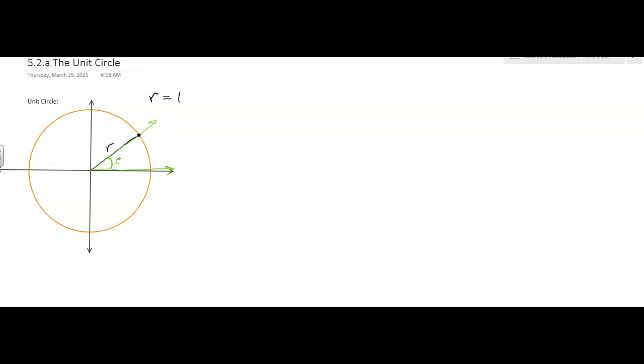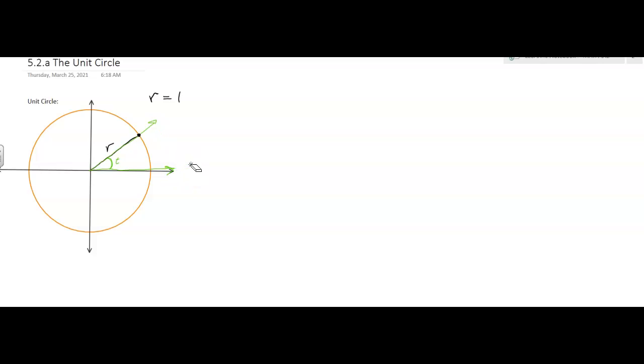So we're sweeping the circle in a positive direction. This would be our initial side, and then we're going this way to the terminal side where that point is, the ray that's going through that point.